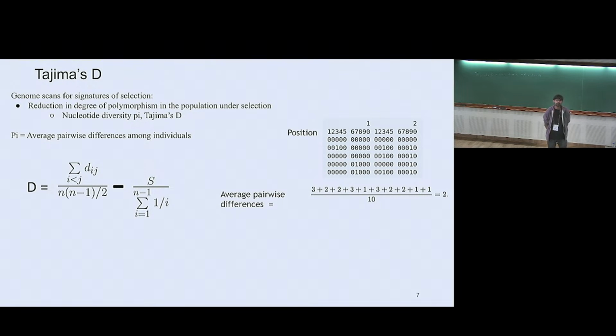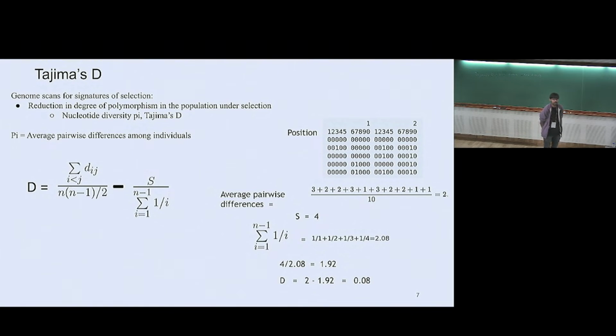How many? 4, exactly. So S is 4, and the denominator is the summation of 1 over the total number of individuals, which is 2.08. So the expected diversity is 1.92, and D is 2 minus 1.92, which is 0.08.